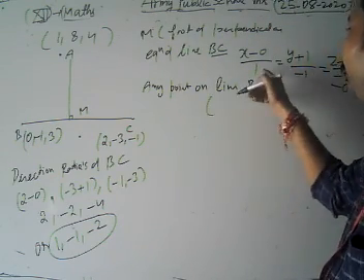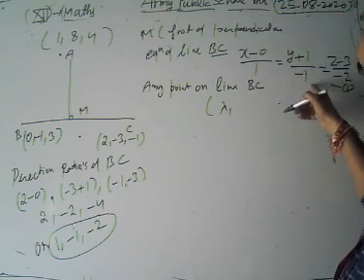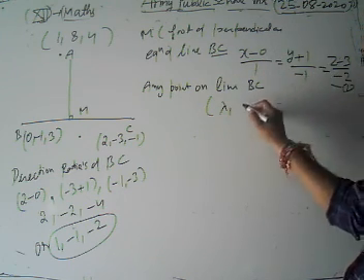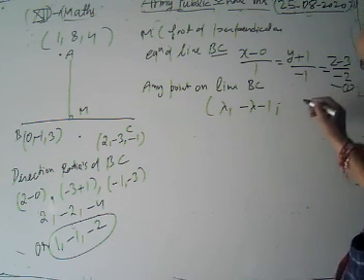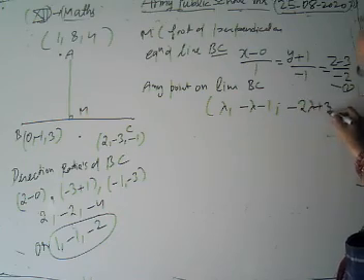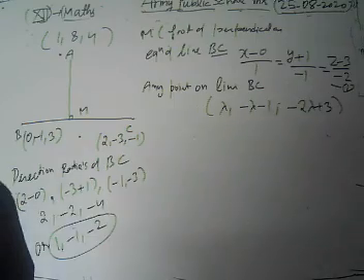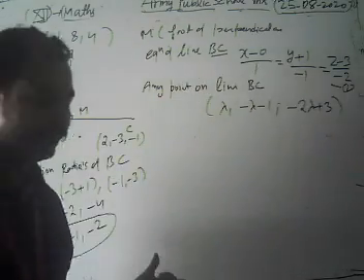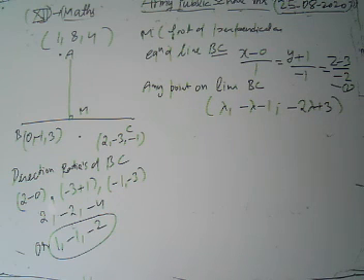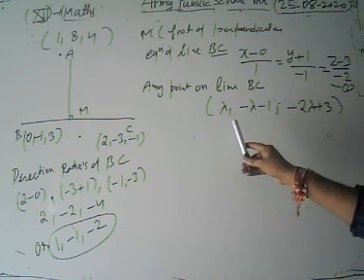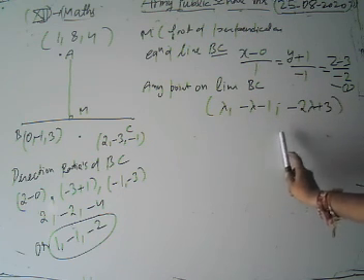Equating with lambda, we get x equals lambda, y equals minus lambda minus 1, and z equals minus 2 lambda plus 3. So any point on line BC is given by lambda, minus lambda minus 1, and minus 2 lambda plus 3.